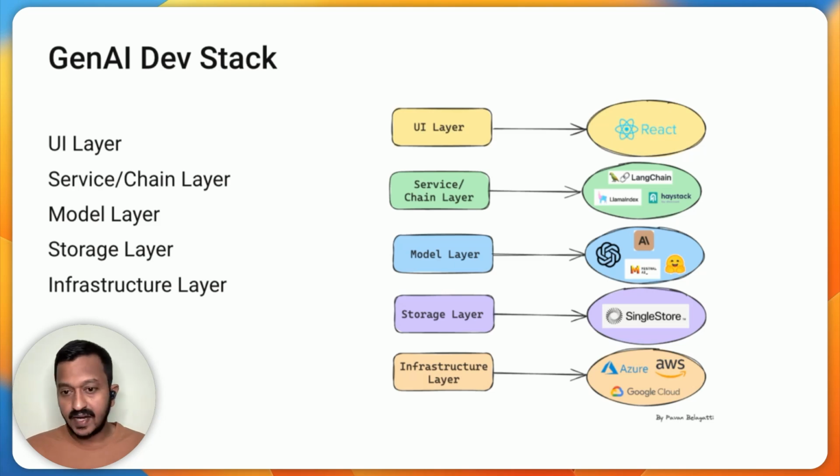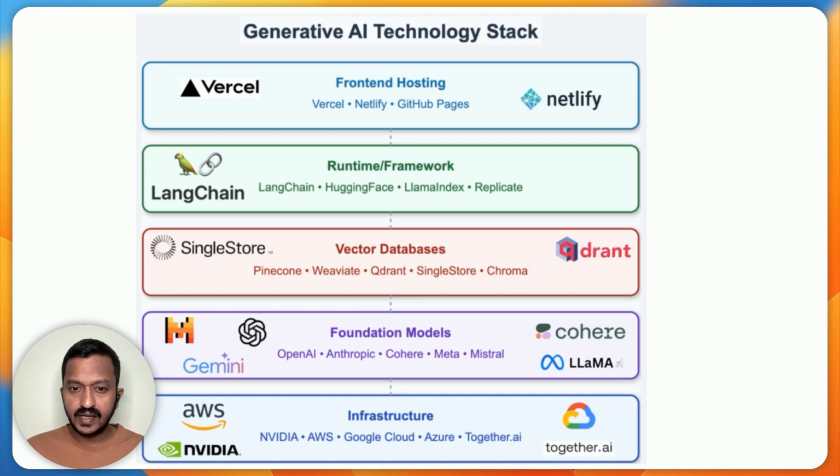And the UI layer can be anything from React to whatever you like, right? And yeah, this is the other way of looking at the generative AI technology stack, if you're more of a developer focused guy. For front end hosting, as you can see, there is Vercel, Netlify, Streamlit, and then the runtime or framework, that is where LangChain, LlamaIndex, Haystack, all these things come together and sit.